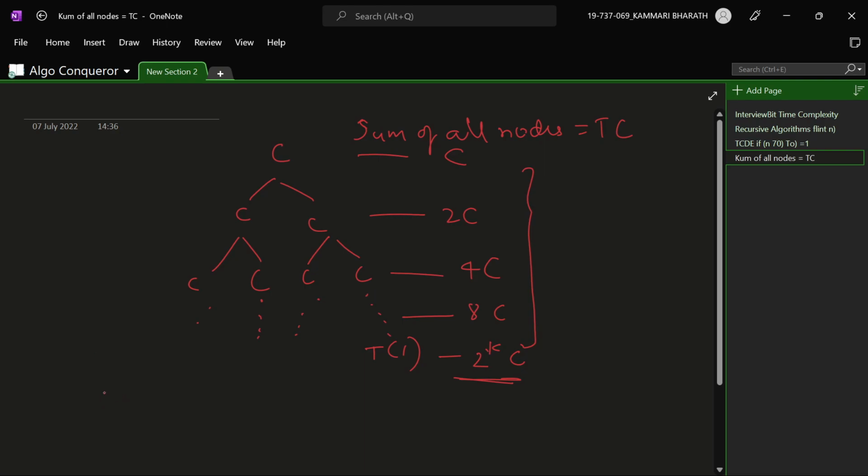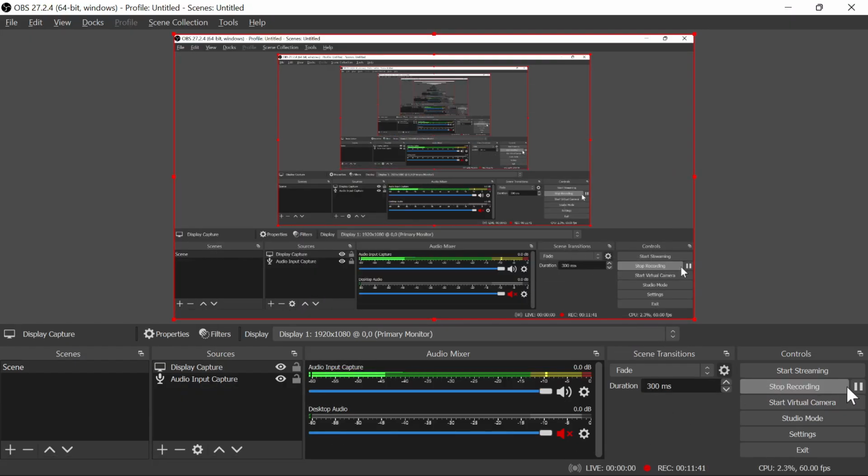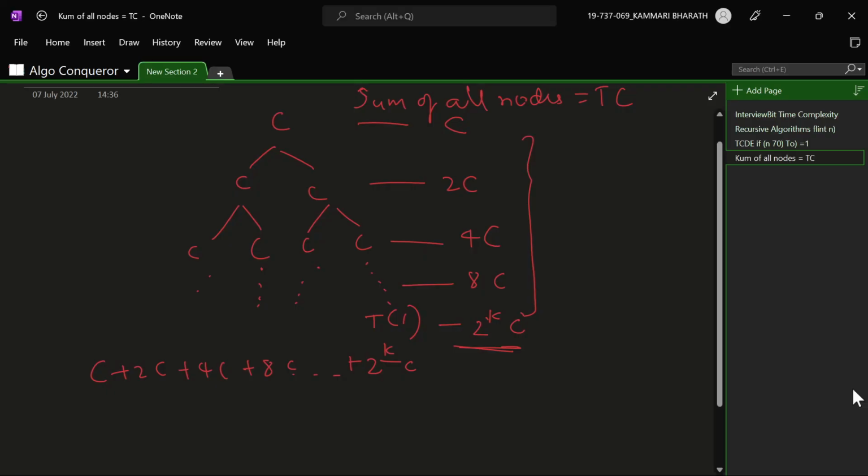What will it give you? C plus 2C plus 4C plus 8C and so on until 2 power k C. Right? Now let's have a look at this. You have to find out the k. How will you find out the k? Now if you remember, this was T of n, and this was T of n by 2, and this is also T of n by 2.